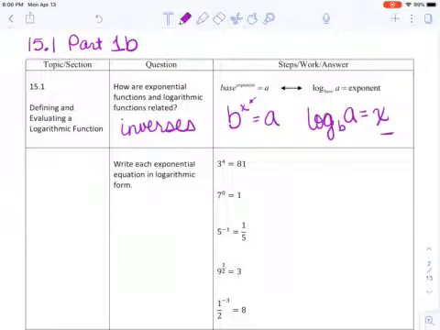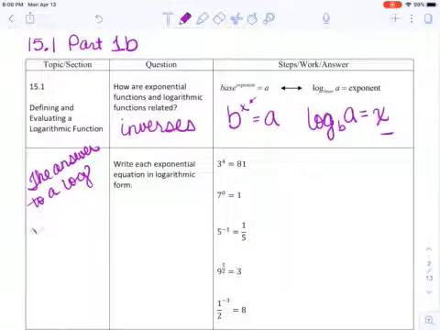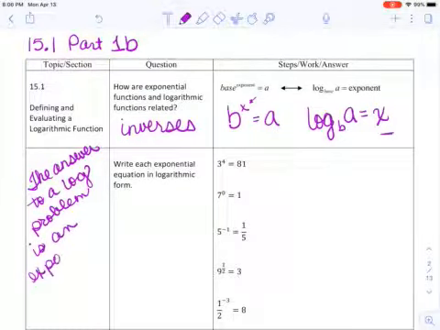And you're going to hear me say this over and over and over again, even though I don't get to see you every day. The answer to a log problem is an exponent.